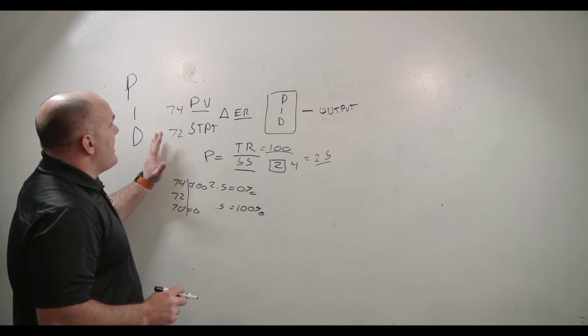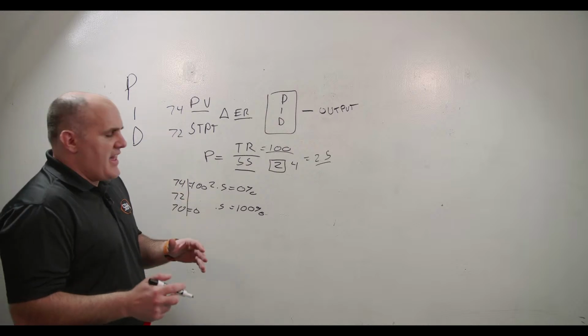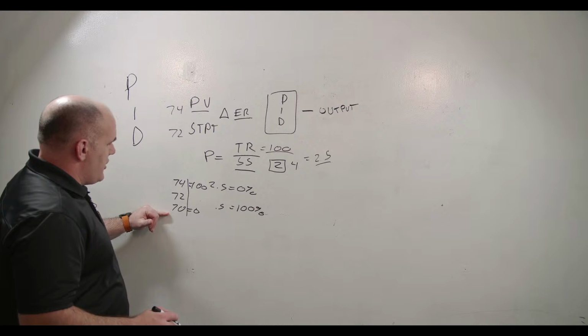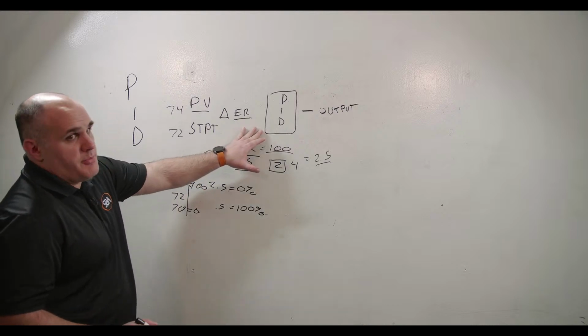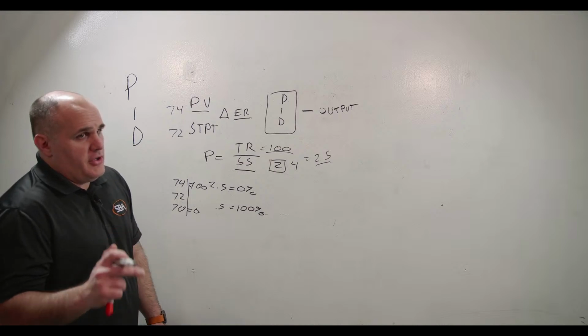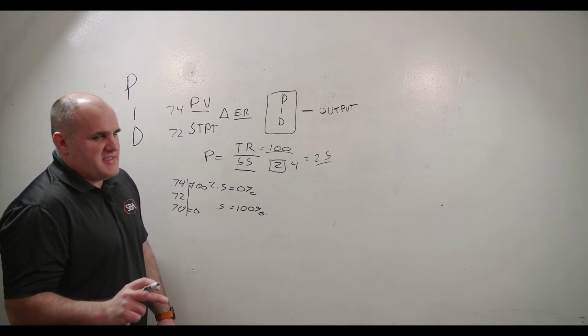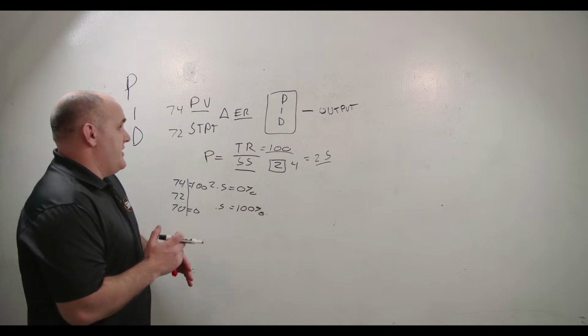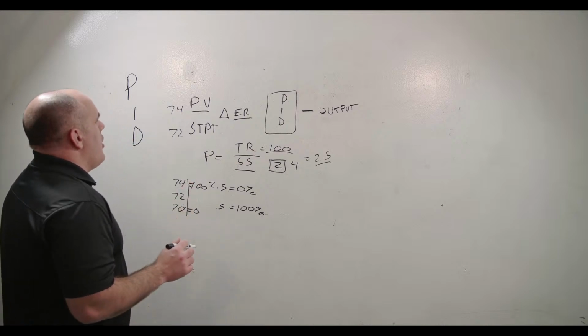Now I'm doing the math a little wonky because I actually started this at 70, so I technically should put a bias in here. So just go with me because the math's going to look a little bit wonky, and I haven't covered biases yet, but just trust me on this, please.